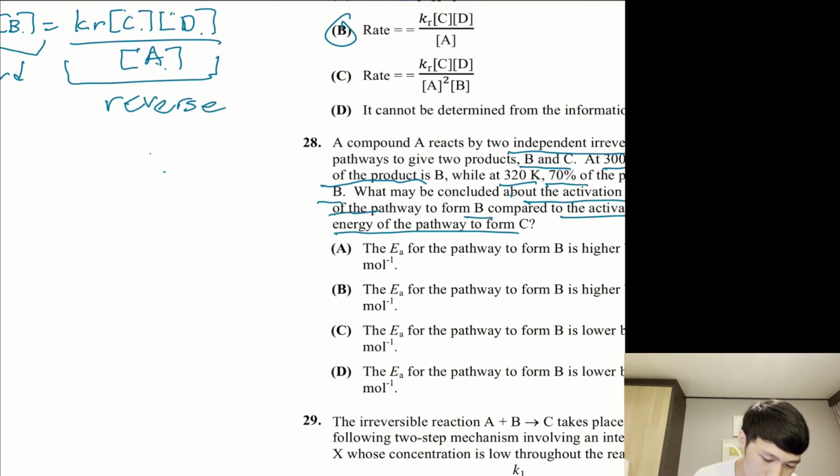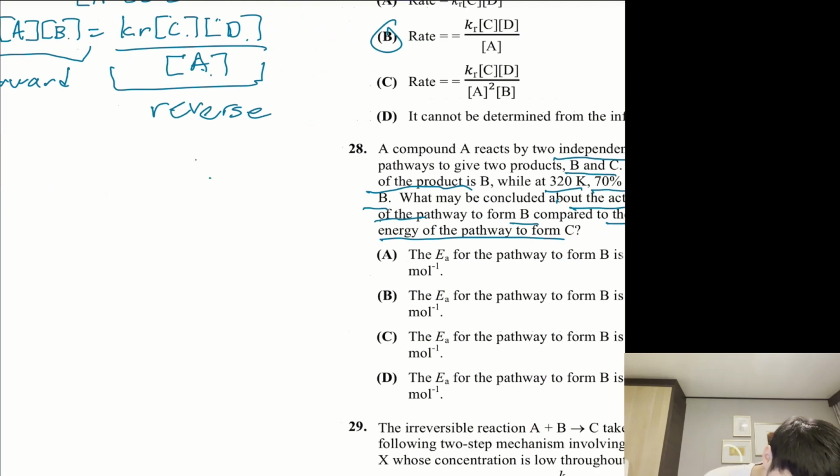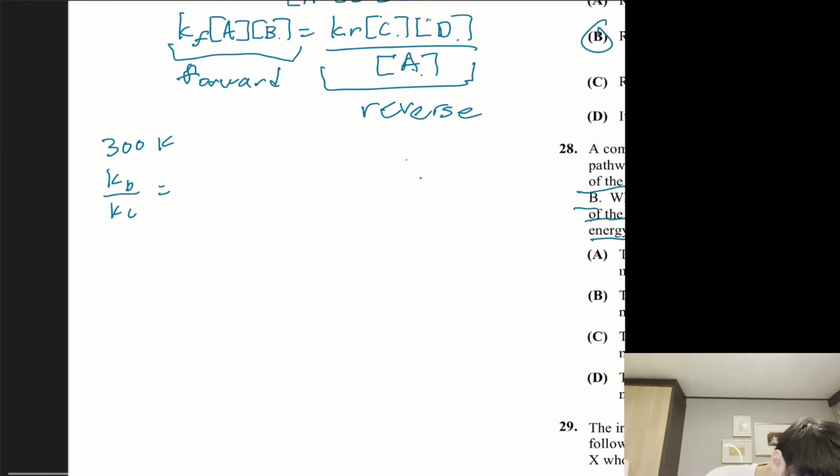So we know that at 300 Kelvin, the ratio of the rate constant to form B over the rate constant to form C is going to be 35 over 65.